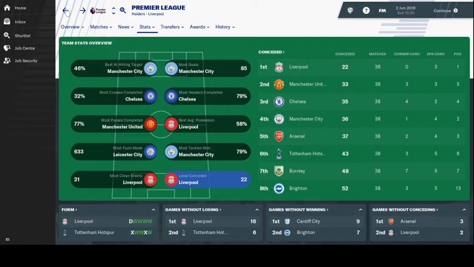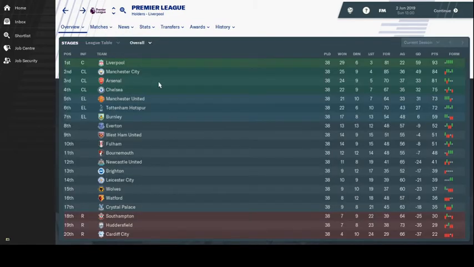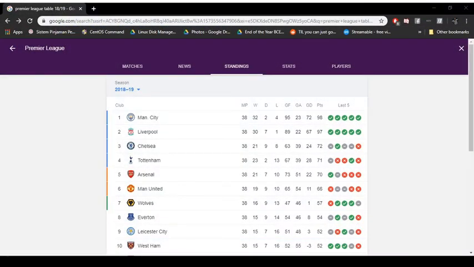From this simulation, we can see that the table almost simulated what the real life football results were. The top 4 in real life were Manchester City, Liverpool, Chelsea and Tottenham, followed by Arsenal, Man United and Wolves.